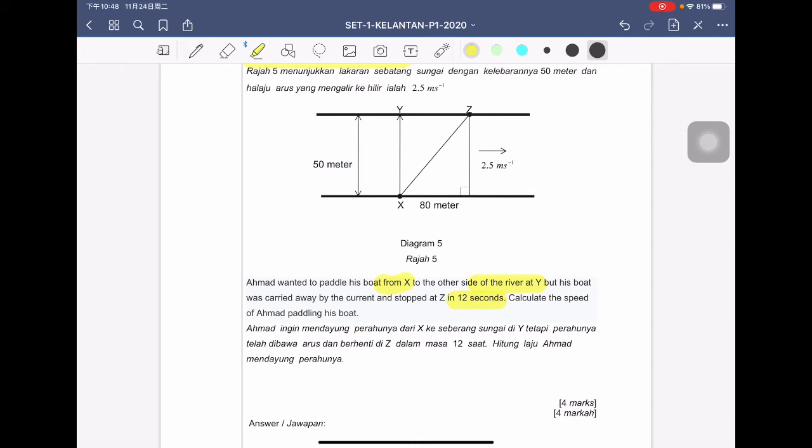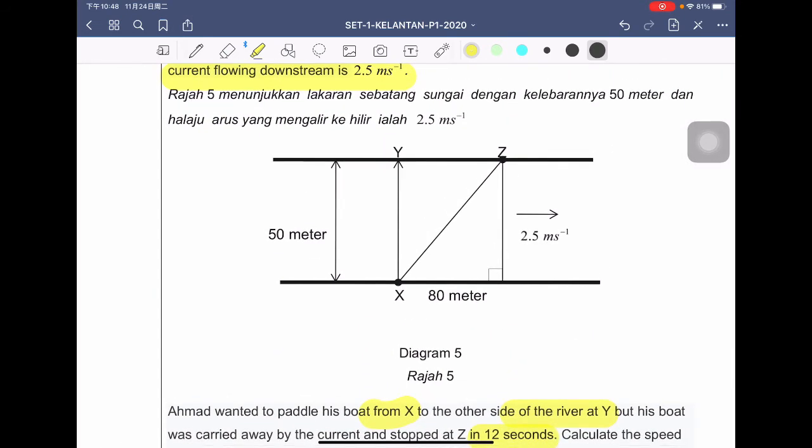Okay, so we see this question. This question only gives us one velocity. Actually, this question is quite related to your physics, which is about the resultant velocity. So you can see the only velocity the question gives us is 2.5 meters per second.